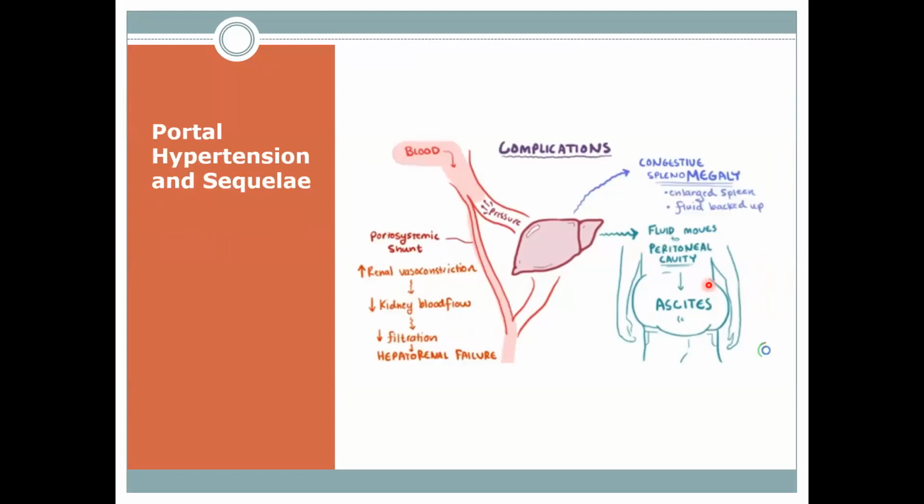So here, if you want to think about what's going on in the liver of someone who's cirrhotic and has developed portal hypertension: as a result of the backup of the lymph, you will start to see accumulation of this fluid in the abdomen of the patient. So there will be ascites. And as a result of the backup of the blood in the spleen, you will see an enlarged spleen, splenomegaly, with thrombocytopenia.